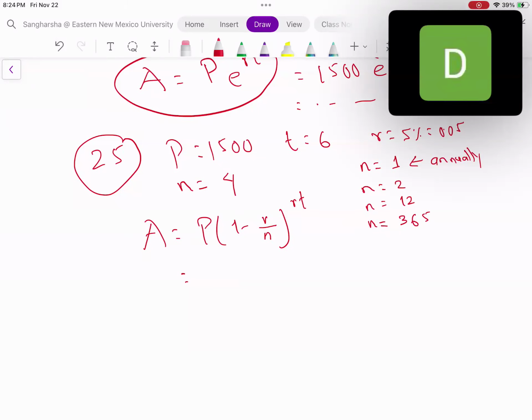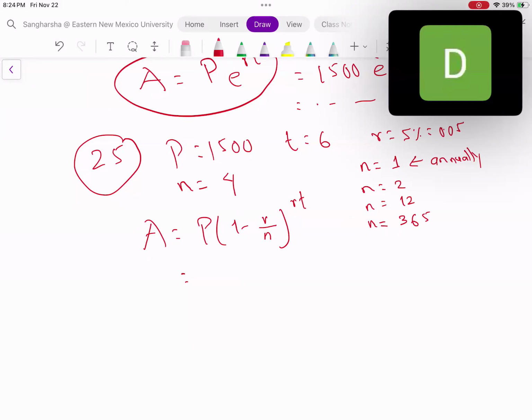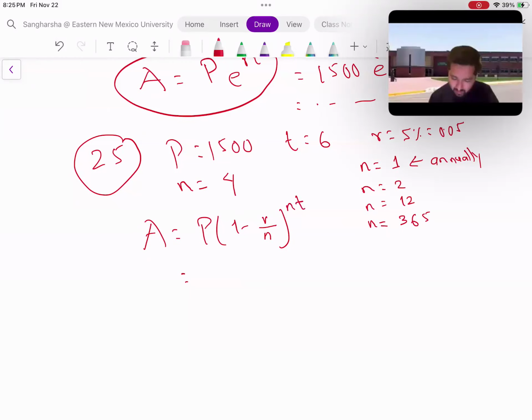Is nt correct, the exponent? Okay, nt is the exponent. Yeah. Okay, thank you. And it is r over n, right? Yeah. Okay, thank you. Now the remaining you substitute. P is given, r, n, so everything is given. Does anyone need help in calculating from here?